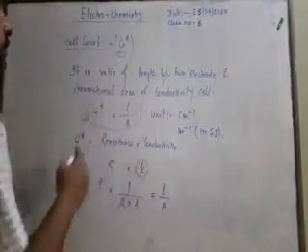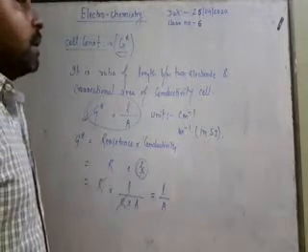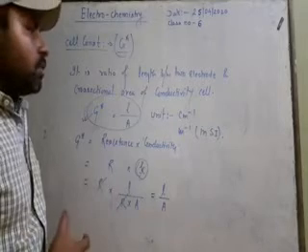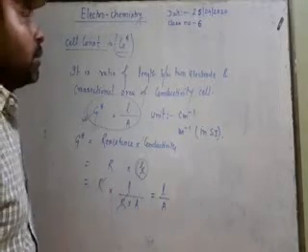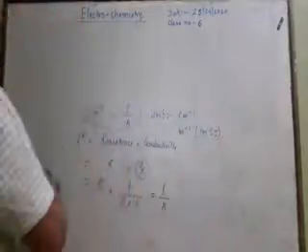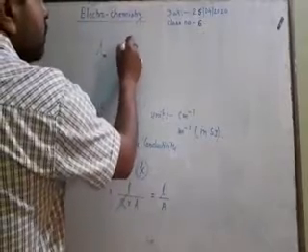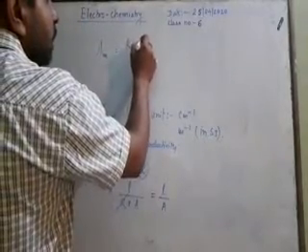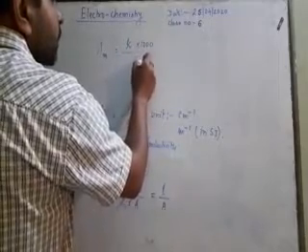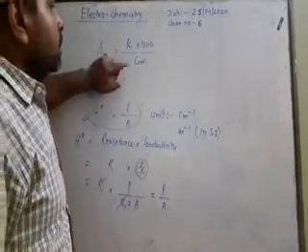Now students, there are 3 or 4 questions present in your NCERT book depending upon molar conductivity and cell constant. The first question is, what is the effect of dilution on molar conductivity? And what is the effect of concentration on molar conductivity?